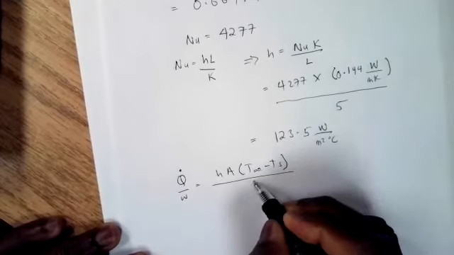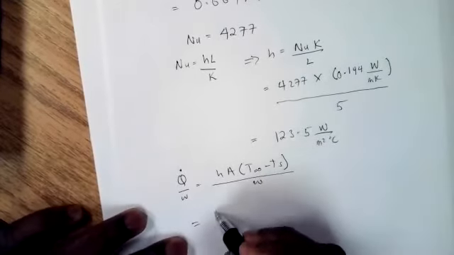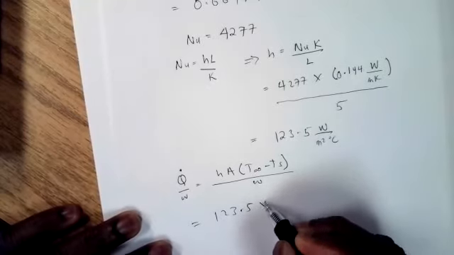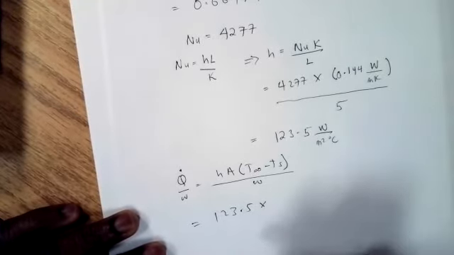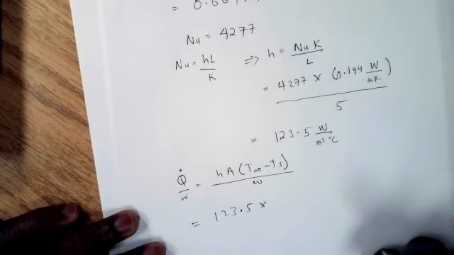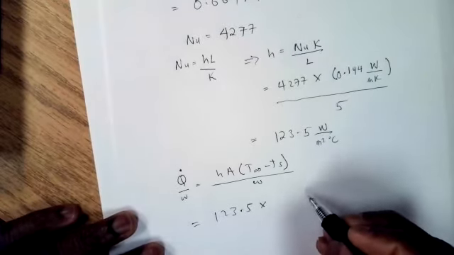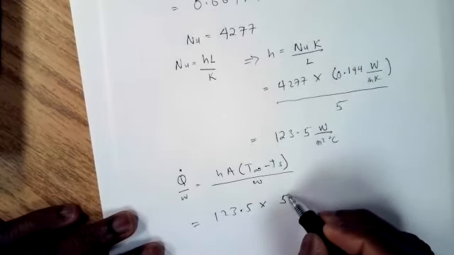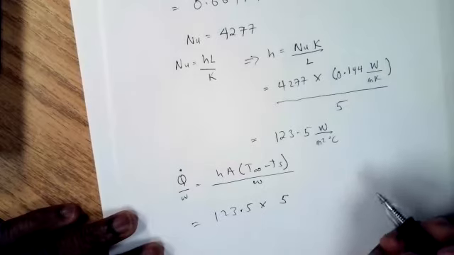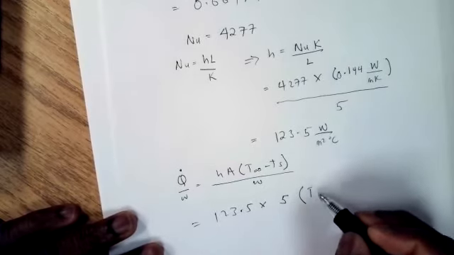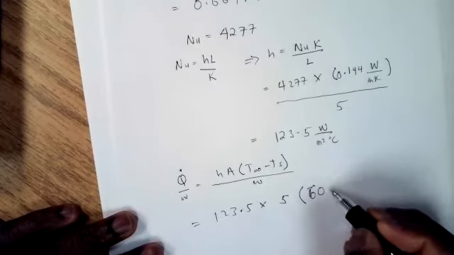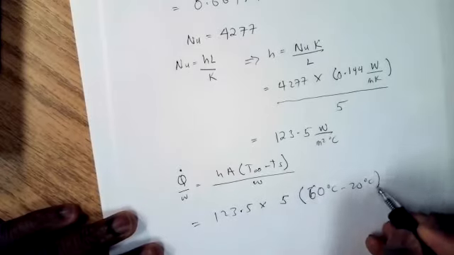Just divide all this by the width also. Now we know h to be 123.5, multiplied by our area. The area is going to be 5 multiplied by the width, but we're also dividing by the width, so we can just multiply by 5, and then multiply by the temperature difference, which is 60 degrees Celsius minus 20 degrees Celsius.